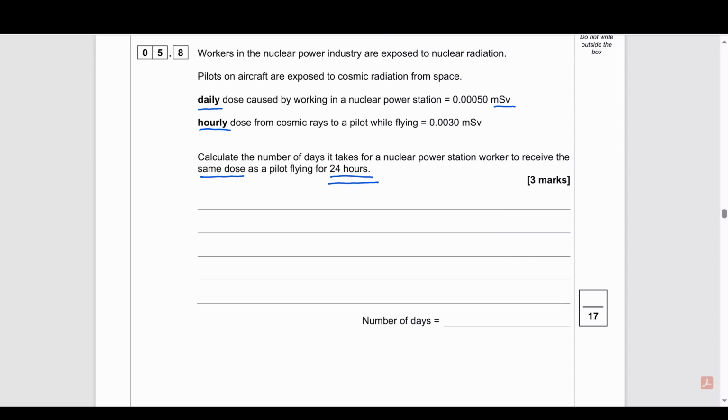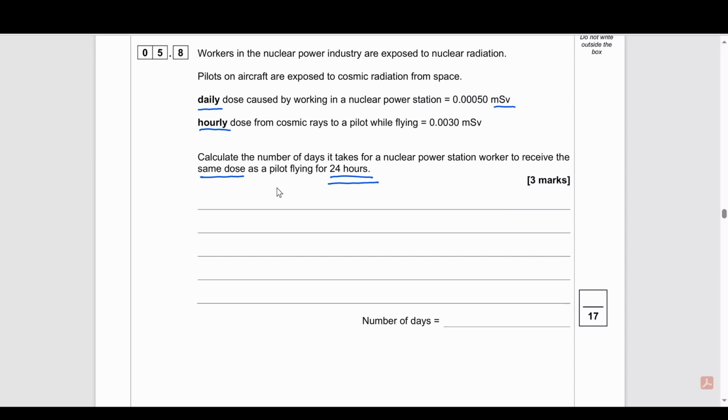So, the first thing we need to do is take this value for a person that is flying and scale it so it reaches how long a day is.